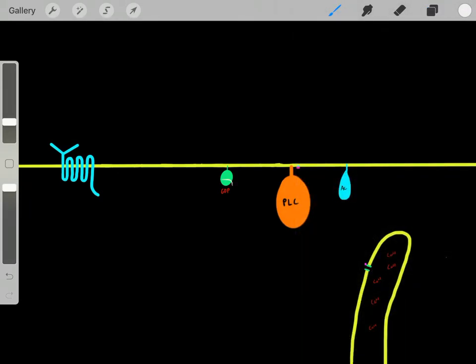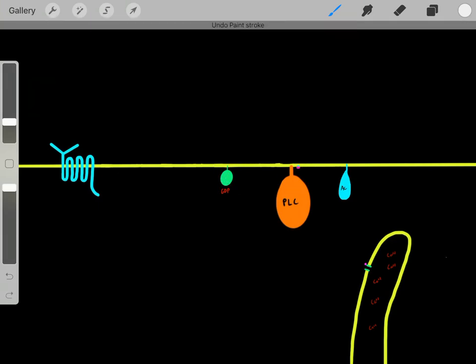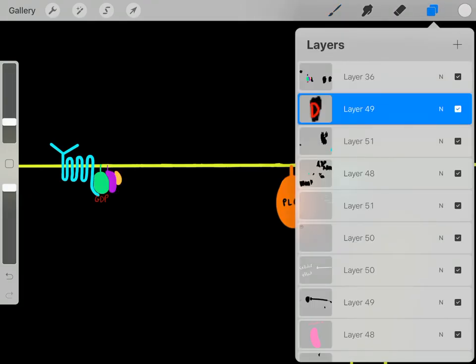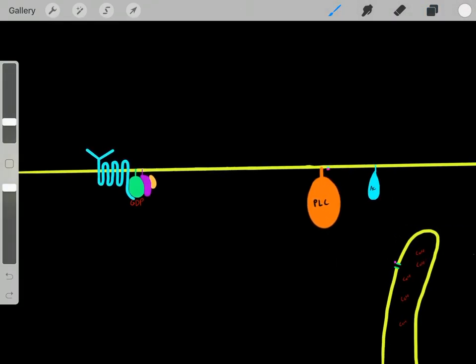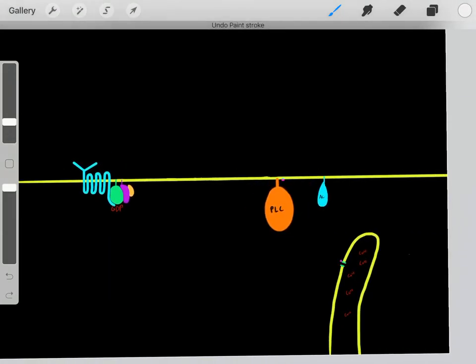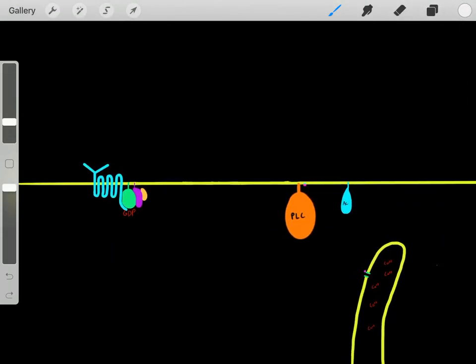And once it hydrolyzes into a GDP, it's switched off. Now this alpha subunit is inactivated, and it goes back to its original situation. It's back to this inactivated alpha subunit with the GDP, and it's ready to do the whole process over again. As long as a new signaling molecule binds, it can go through the whole process over again. So this is signal transduction cascades.